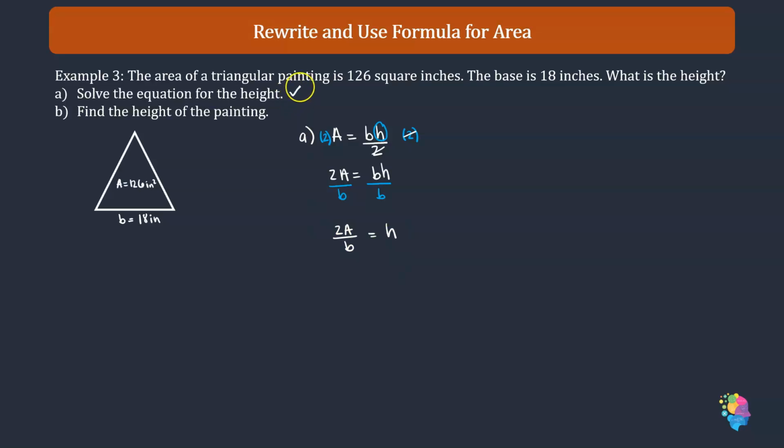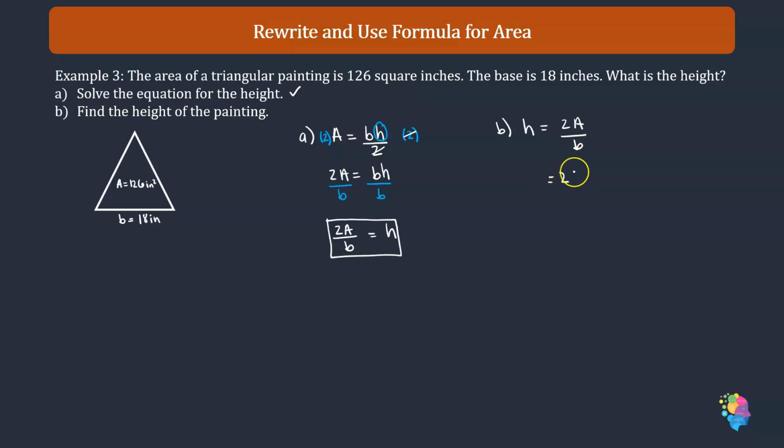Perfect. We've done part A. We have solved for h. Now part B, they want us to find the height. So they want us to use the result from part A to find the height. Well, to find the height, we need to make sure that we replace the a, the area, and the base with those values that we were given.